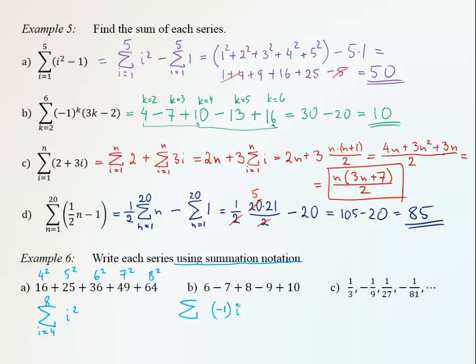So if I just write i, and then i goes from 6 to 10, that will cover the numbers. But let's look at the sign. If I put i as an exponent here, then if i is 6, that will be even. Oh, that works, because -1 to an even exponent gives us a positive term, and the first term is positive. And -1 to the 7 will give us negative, so that's good. So this formula should work.